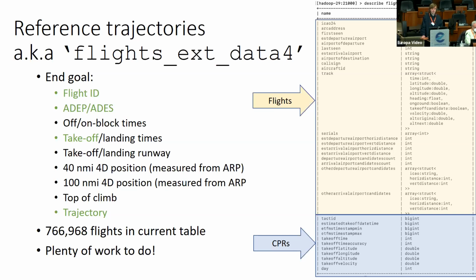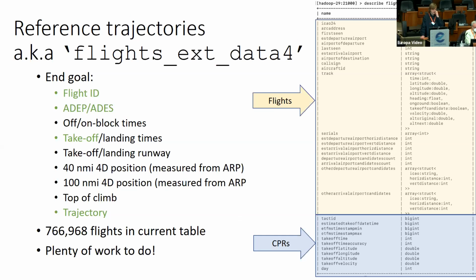This table is called flights X data 4. We plan to make it available for public use within this calendar year, so be sure to follow what OpenSky does.